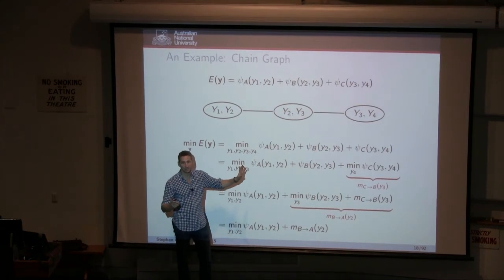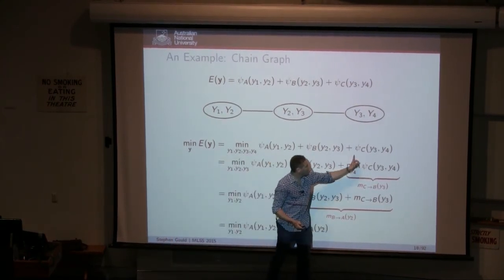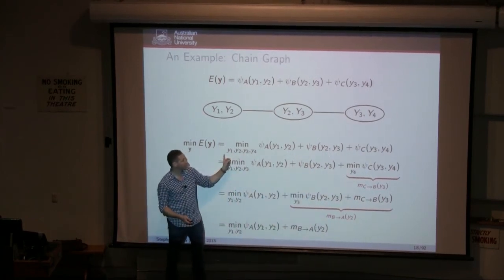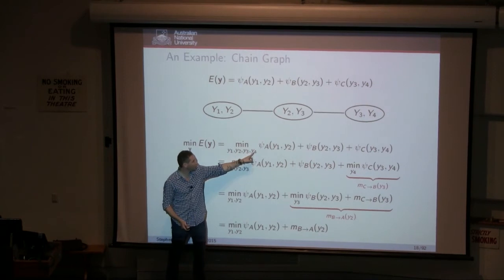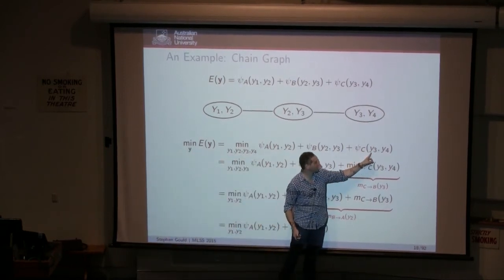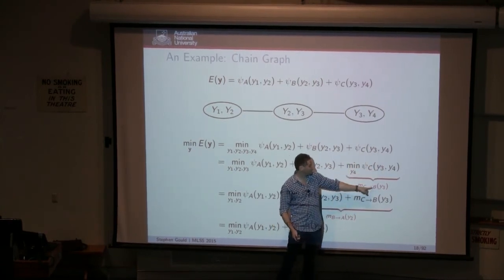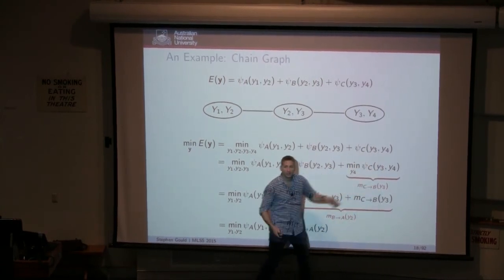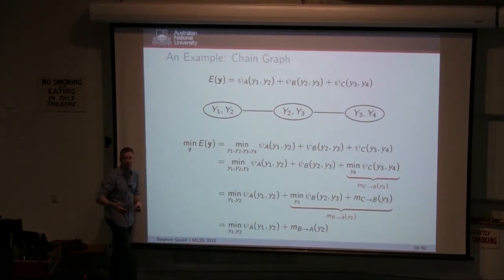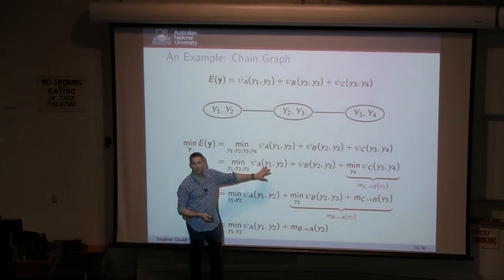I'm not fixing them to any particular value. Because I know that at the end of the day I want to minimize over all these variables, including y4, I'm going to replace this function that's defined over y3 and y4 with a function that's only defined over y3. I'm going to have minimized out y4 for each of the possible values of y3. And it doesn't matter what y1 and y2 take.